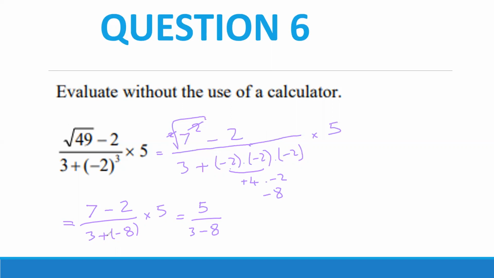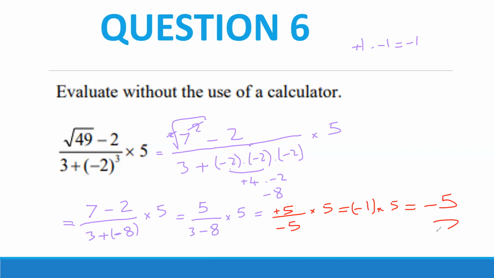Positive and negative coming together, making negative, just like plus 1 times minus 1 making minus 1, right? So 3 minus 8 times 5. And what I'm getting is 5 over negative 5 times 5. 5 over negative 5, positive 5 over negative 5, you are getting negative 1 times 5. Our answer is negative 5.